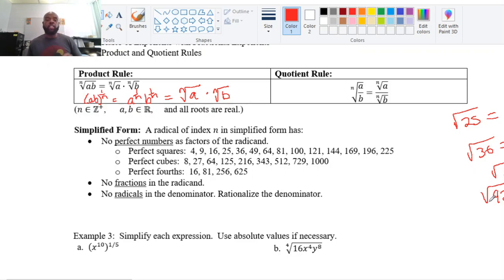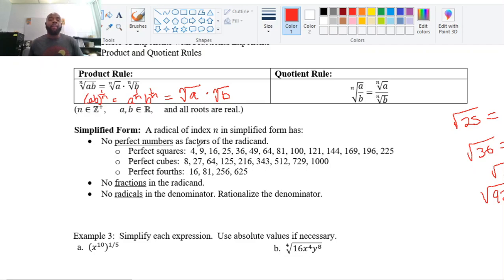And so these are the three things that I always like to tell my students to check in order to determine if your radical is in simplified form. In simplified form, your radical can have no perfect numbers as factors of your radicand, right? And perfect numbers are like perfect squares if you have a square root, perfect cubes if you have a cube root, or perfect fourths if you have a fourth root, so on and so forth.